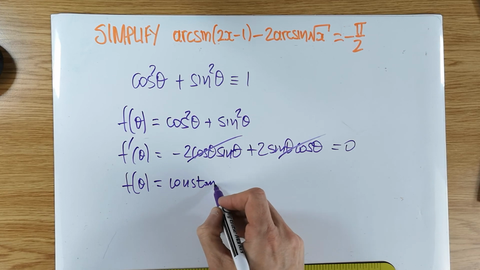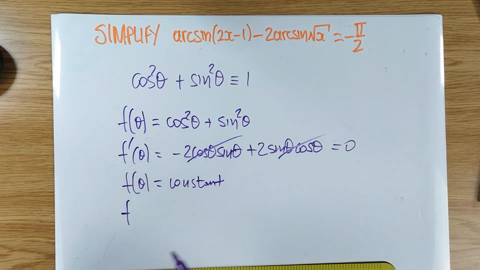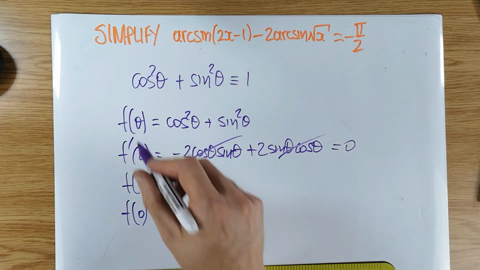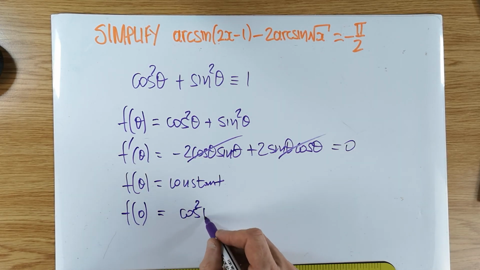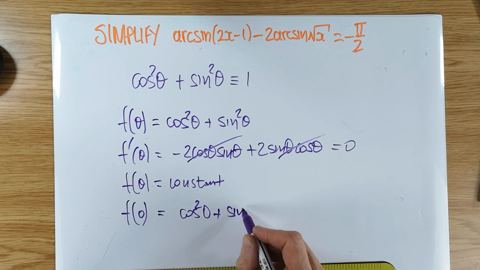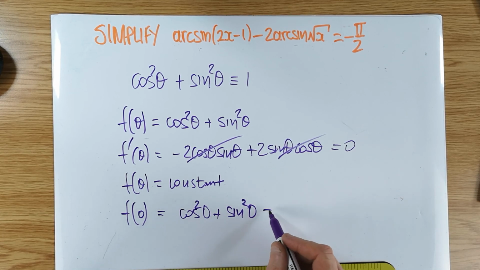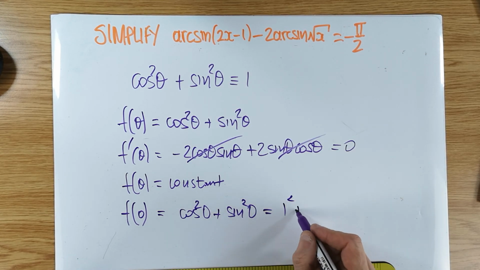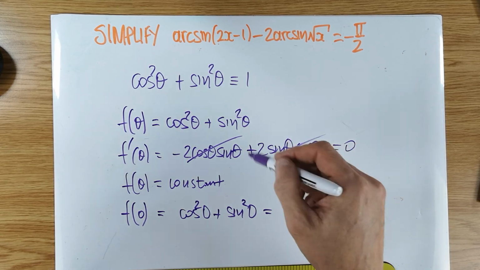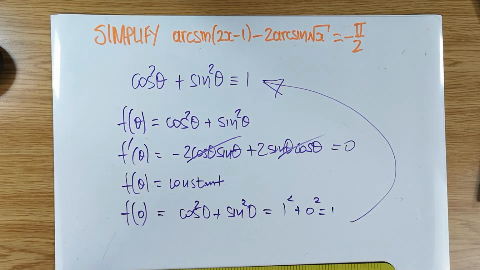And if it's a constant, it suffices to put any sensible number. So we can put f of 0. And if we do f of 0, we're going to get cos squared of 0 plus sine squared of 0. And of course, that is 1 squared plus 0 squared, which is 1. That proves the result with the appropriate finishing statement.